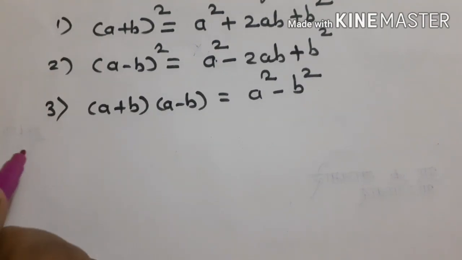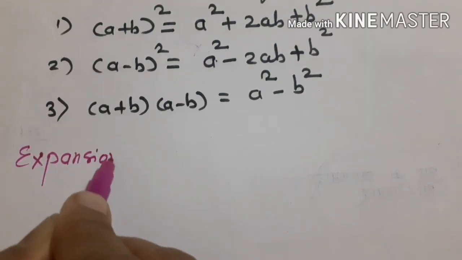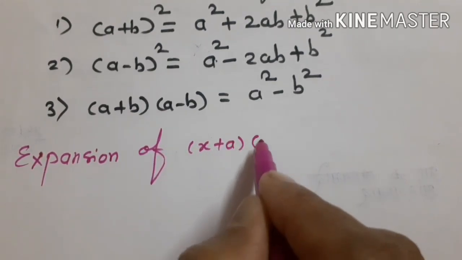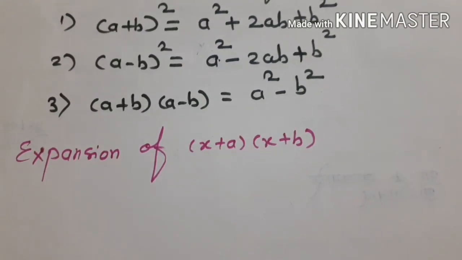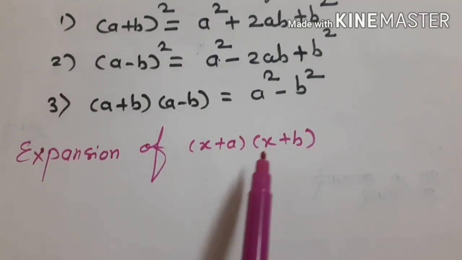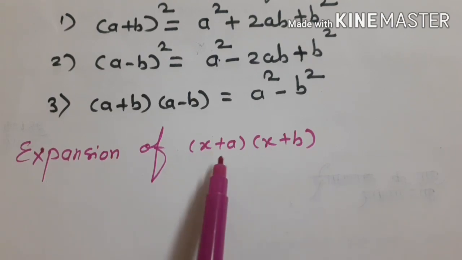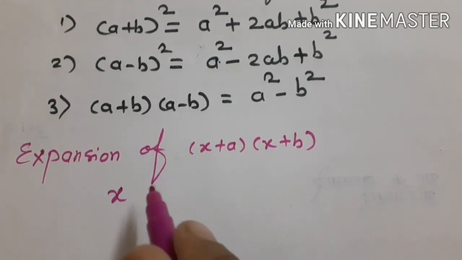But the next expression is the expansion of (x plus a)(x plus b). Here the first term is x and the second terms are a and b, meaning the first terms are the same and the second terms are different.